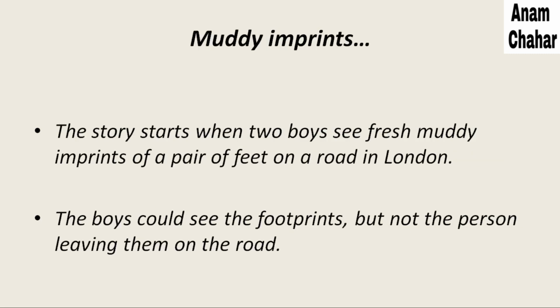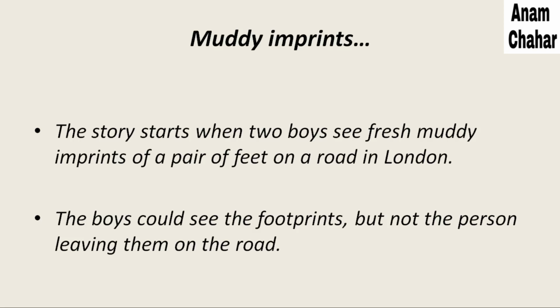The story starts when two boys were surprised to see fresh muddy imprints of a pair of feet in a street in London. The boys could see the footprints but not the person leaving them on the road. So the boys followed the footprints till the muddy impressions grew fainter and eventually disappeared.